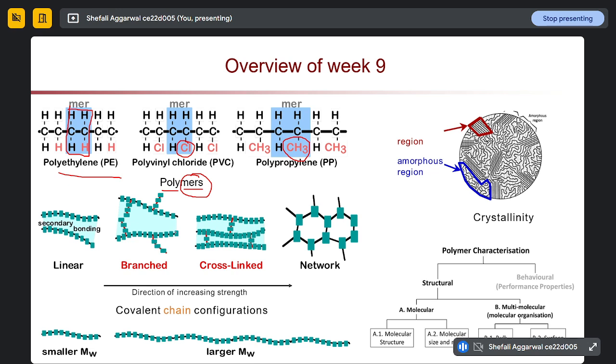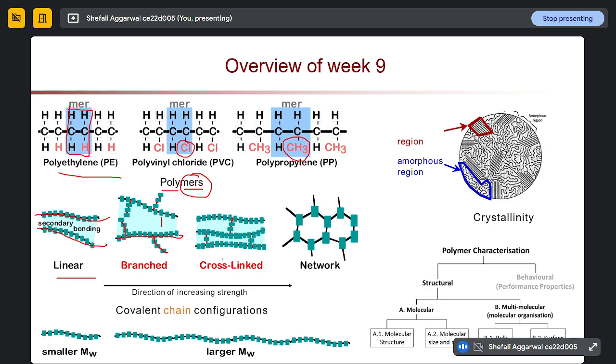Then if we talk about the different characteristics of polymers, or the different configurations of polymers. If our polymers are just chained around, and they have very weak bonds among different chains, that is called a linear polymer. However, if our linear polymer has some branches, that is called a branched polymer, and the interconnection between these branched polymers will be weak van der Waals forces.